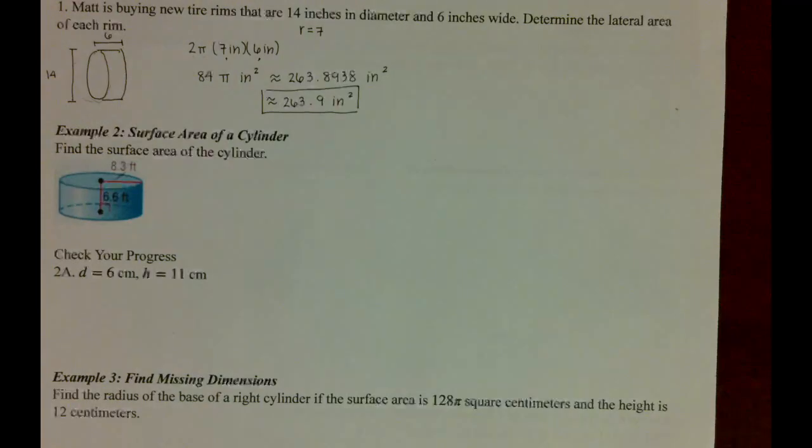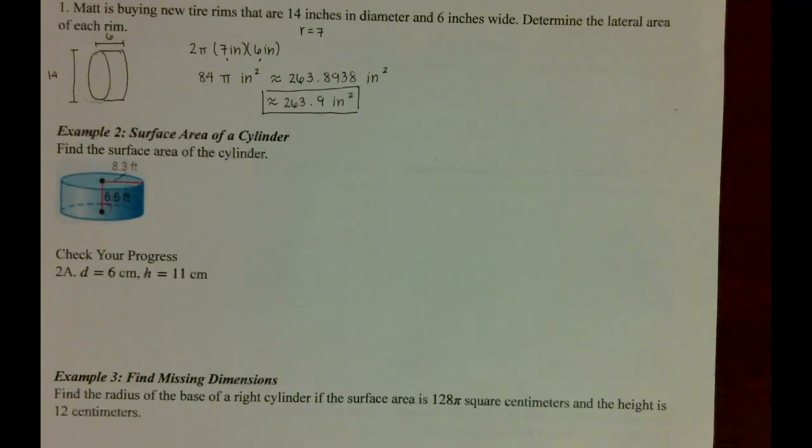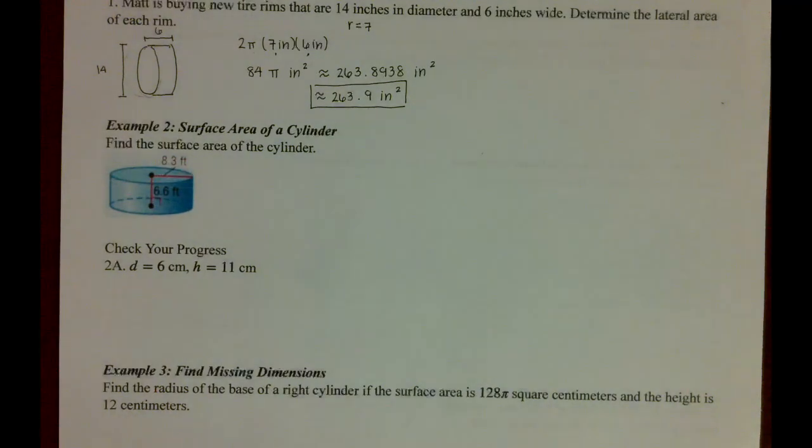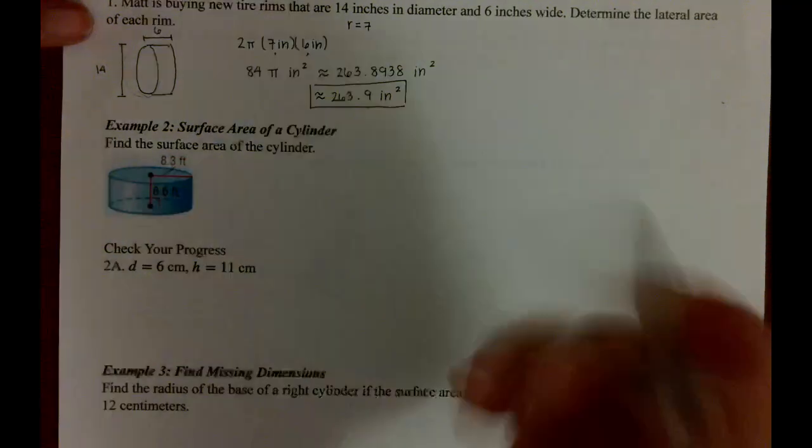Okay, so let's take a look at example 2, okay? So example 2 asks us to find the surface area of the cylinder, okay? So we have the wraparound part, which is our lateral area, as well as our 2 circles, top and bottom. Okay.